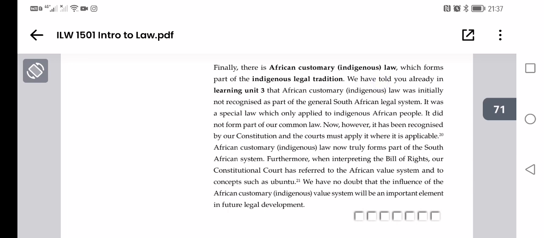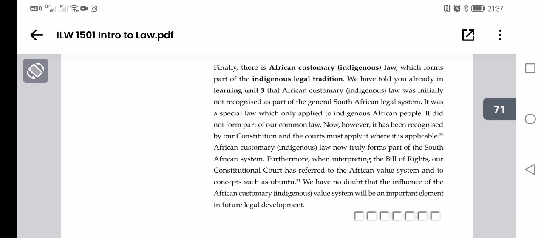Finally, there is African customary or indigenous law, which forms part of the indigenous legal tradition. We have told you already in Learning Unit 3 that African customary or indigenous law was initially not recognized as part of the general South African legal system.